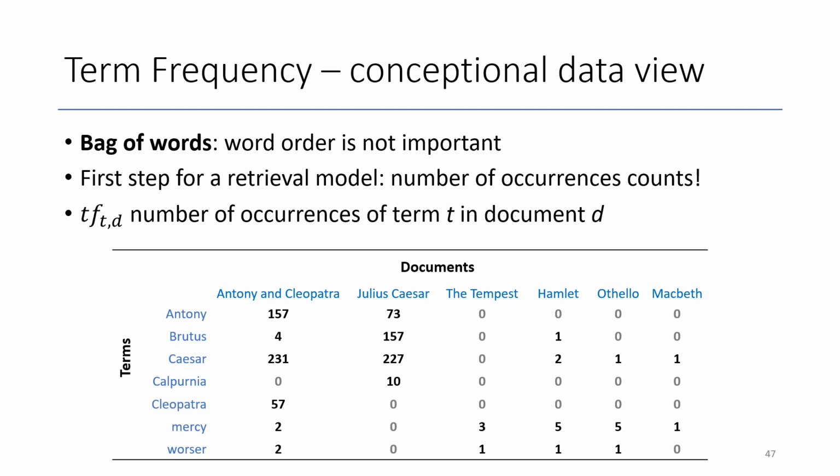And this sparse matrix is efficiently represented in the inverted index, but from a purely conceptual view, if you have terms and documents, you create this matrix indexed by term and document to get a term frequency number per term and document.